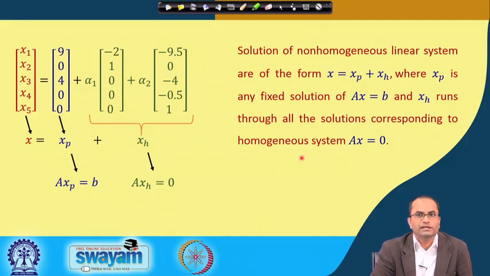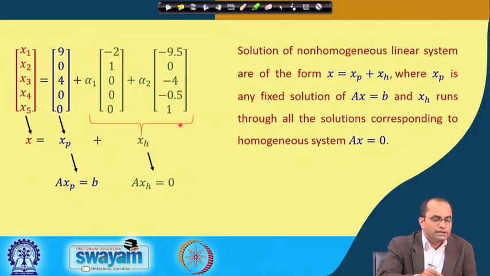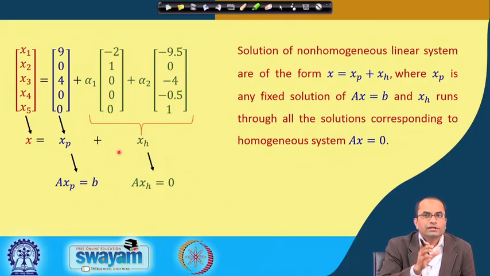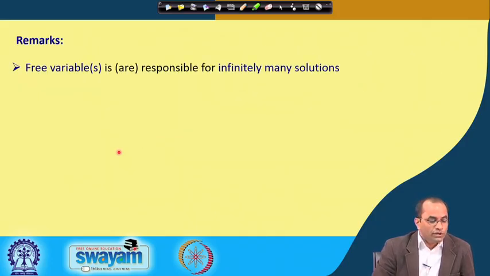And the whole xp plus xh also satisfies the Ax is equal to b system of equations. So, just a remark that these free variables are responsible for infinitely many solutions.